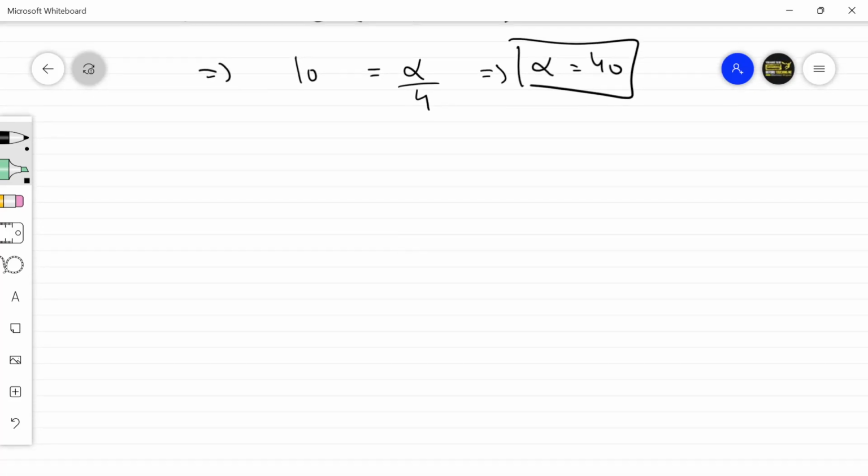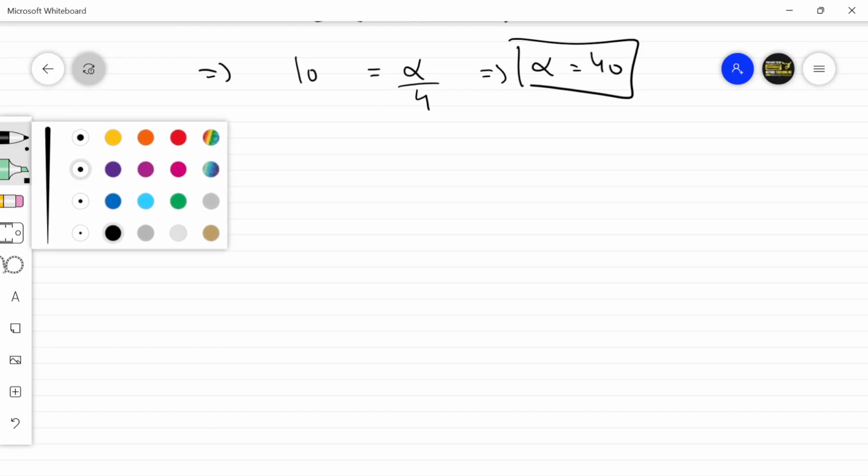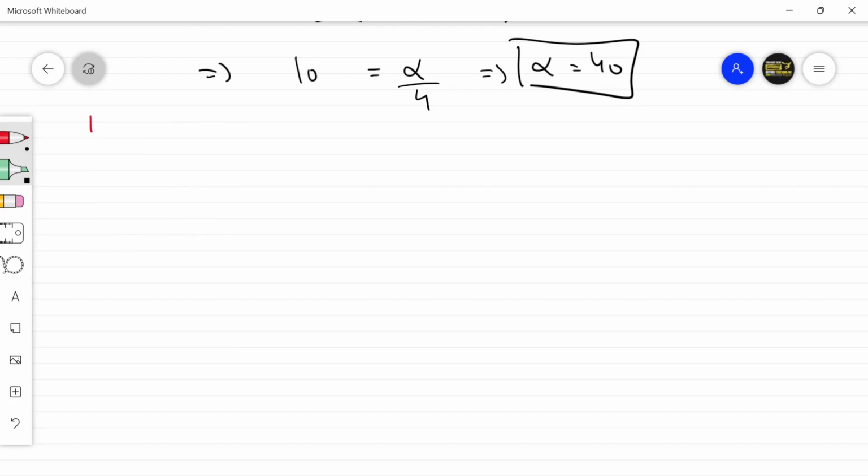Similar to this question, we have problem number 2.25. We have a 5 milliampere current source connected across a 10k resistance.